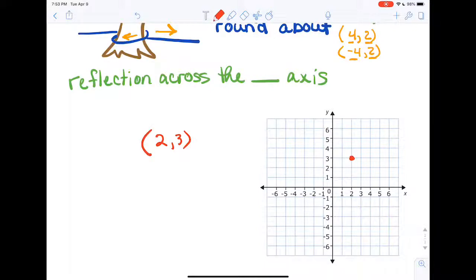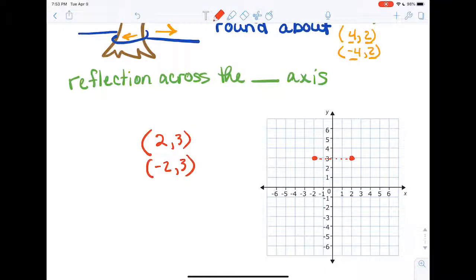Let's make a reflection of that point across the y-axis. So we're going to cross the y-axis, and we're going to stay at that 3 for the y, and we're going to use -2. So -2, 3. And that's our reflection there.